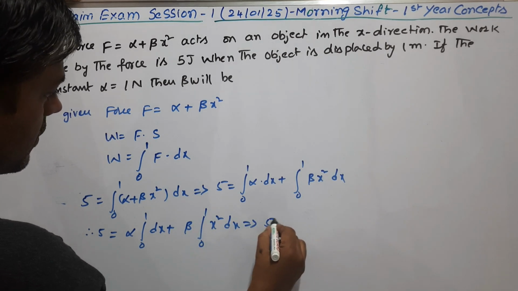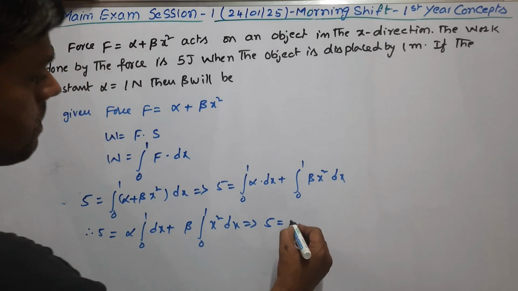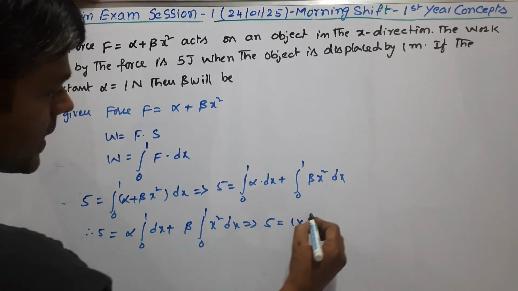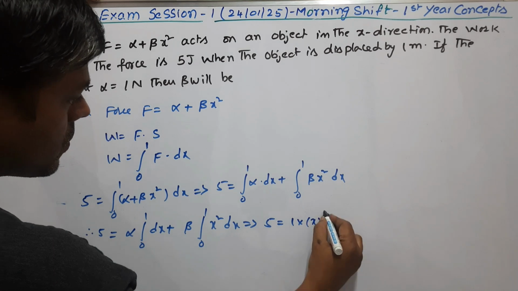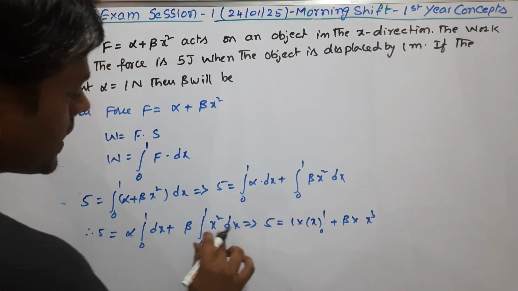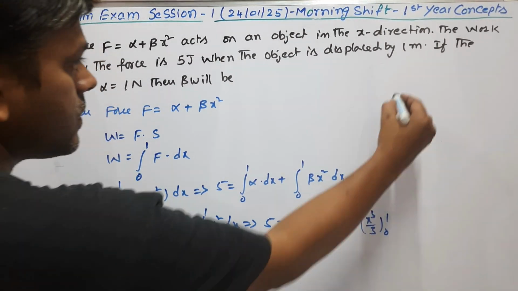That implies 5 is equal to alpha, whose value is given as 1, into upper limit minus lower limit, that means delta x, which is x from 0 to 1, plus beta into the integral of x square dx, which is x cube by 3, with limits 0 to 1.